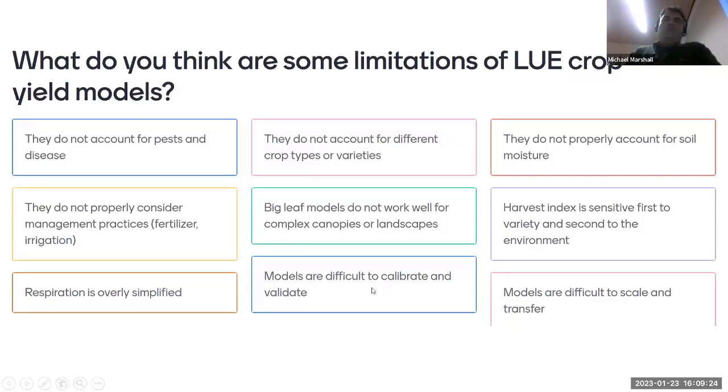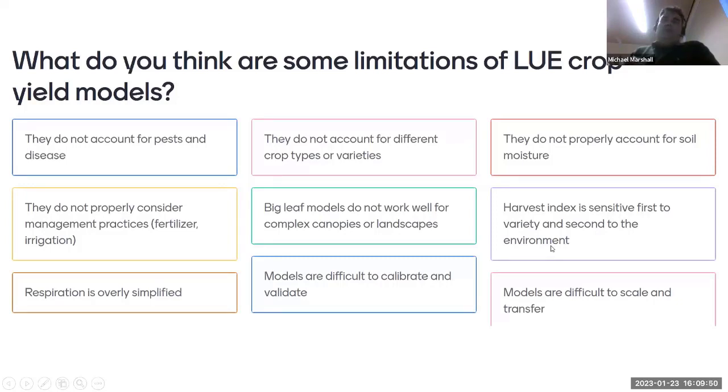Models are difficult to calibrate and validate. They do not account for soil moisture. That's changing now. Actually, I'm doing quite a bit of work in that direction with shortwave infrared and also with SAR to get at soil moisture, which I think is a better indicator of the moisture constraint on growth. Harvest index is sensitive to crop type and to the environment.